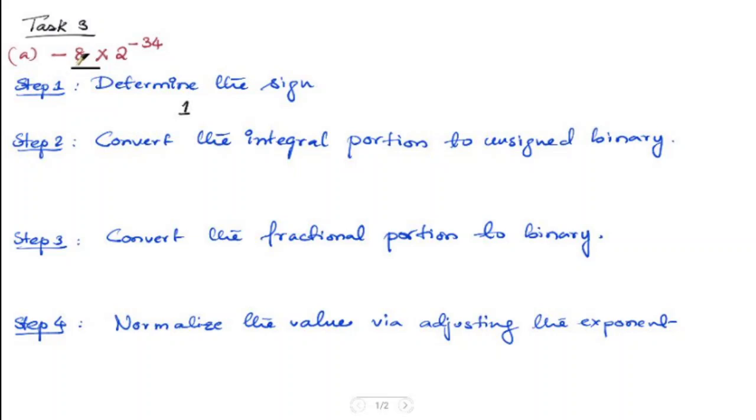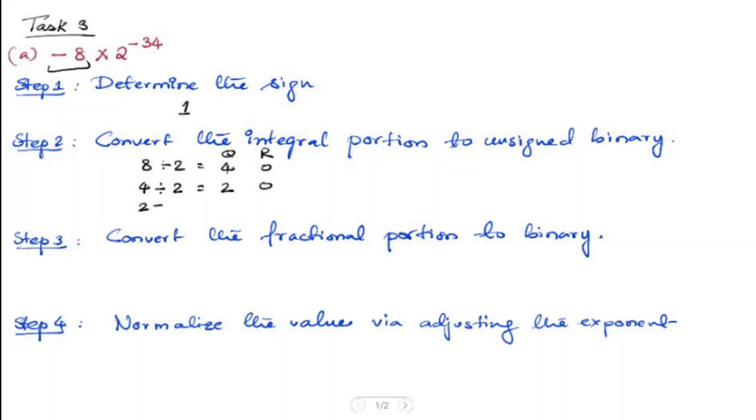So convert the integral portion, which is this one here. Converting 8 to binary, we have 8 divided by 2. We write the quotient and the remainder. The quotient is 4, remainder is 0. Then 4 divided by 2: the quotient is 2, remainder is 0.